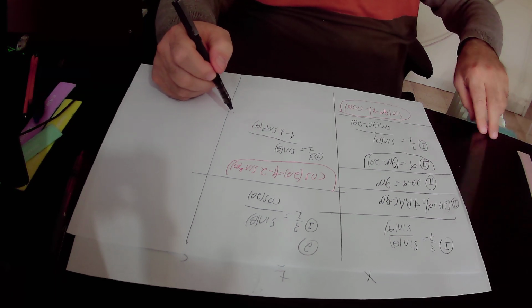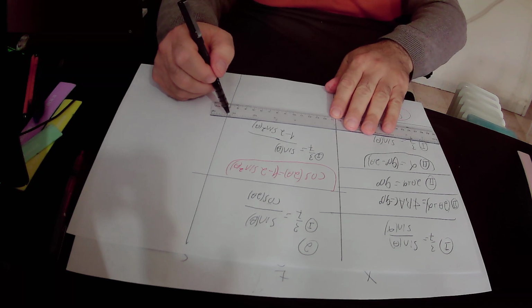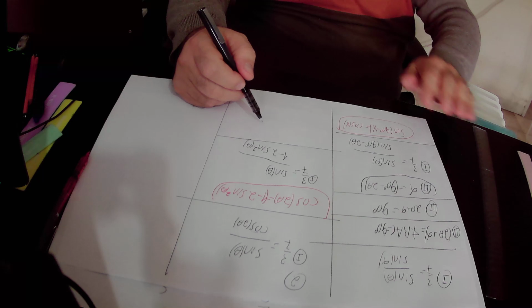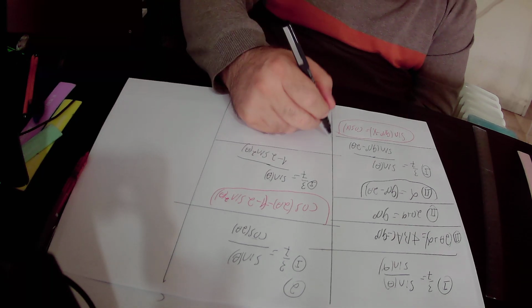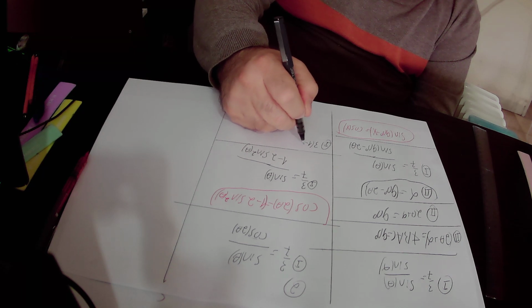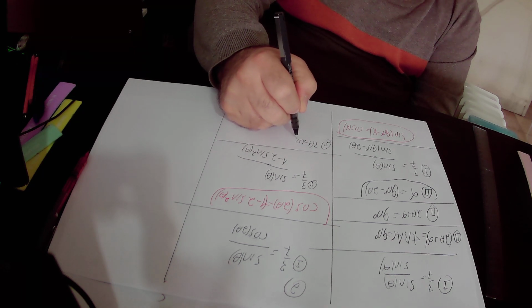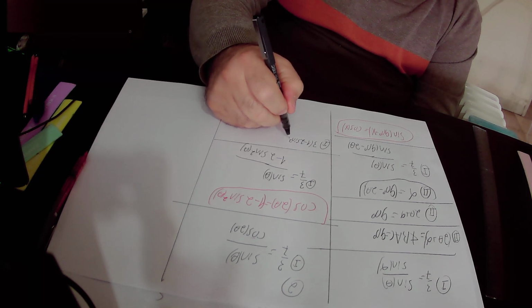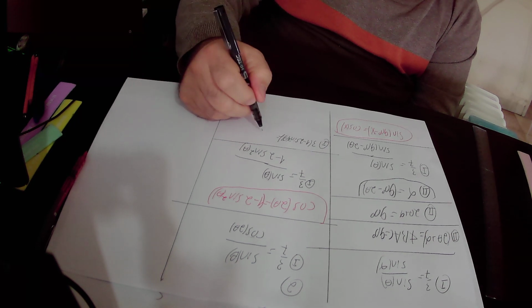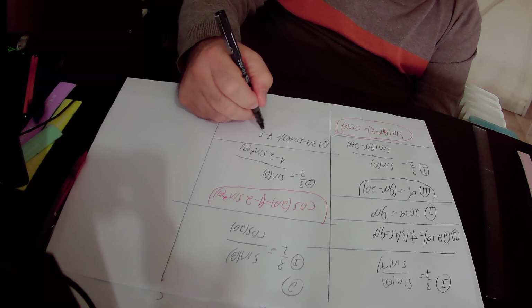Okay. Here we'll cross multiply equation number 1, and we'll get that 3 times 1 minus 2 sine square theta equals 7 times sine theta.